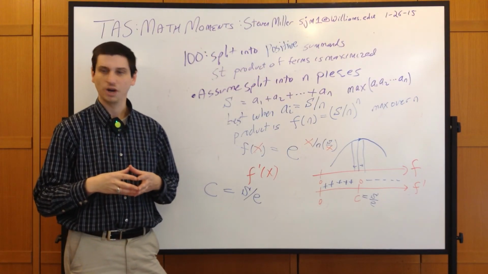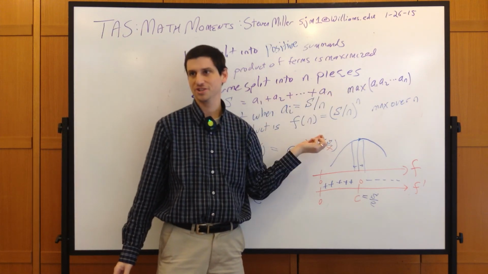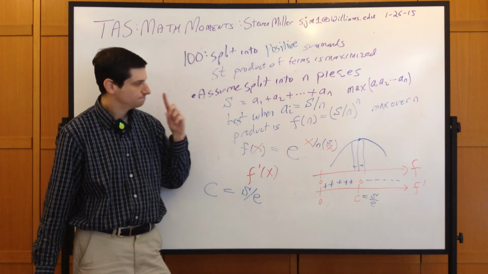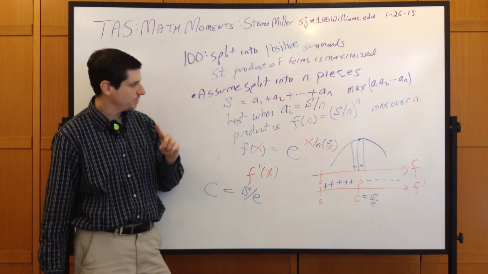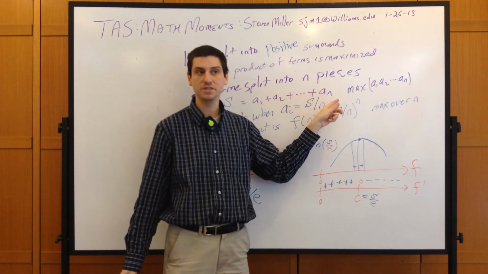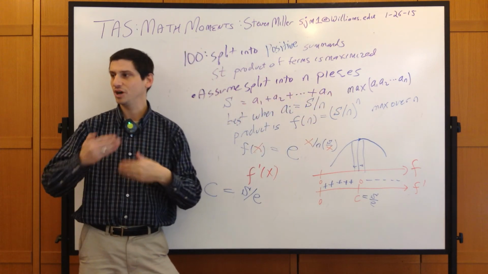2, 3. But now the difference is, of course, now we have to do integer partitions. Can we get better if we do, well, we've got to be careful because when we do integer partitions, I can split this up into 33 pieces, but not require all the pieces to be integers. There's levels of complication.